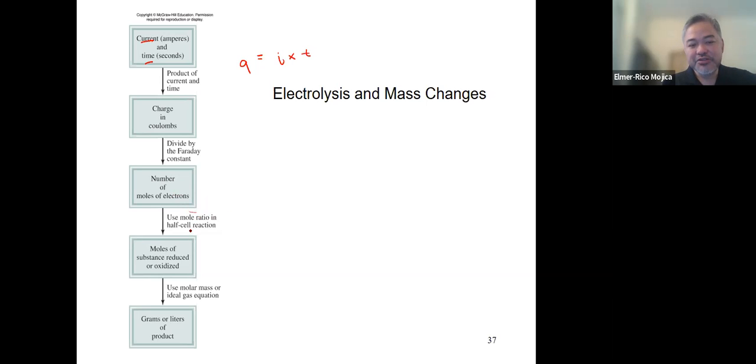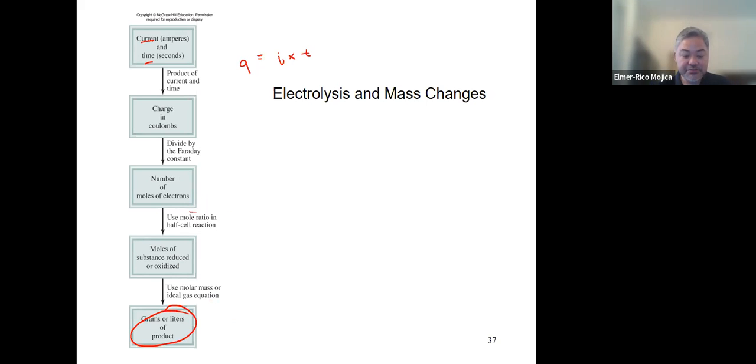And then you use the mole ratio in the half reaction to determine the moles of the substance that is oxidized or reduced. And then you use the molar mass or ideal gas equation to get the grams of product or the liters of the product.